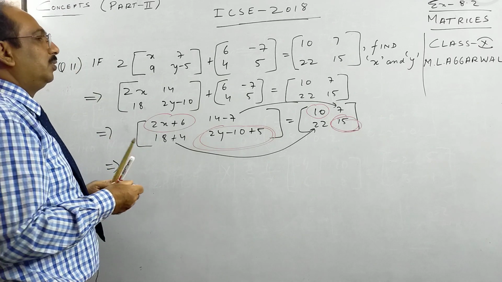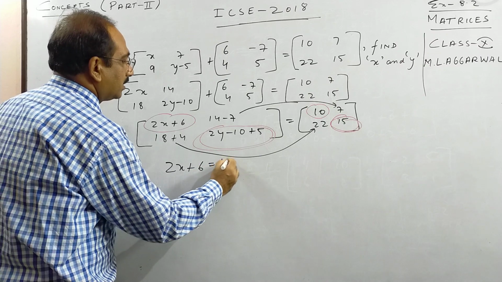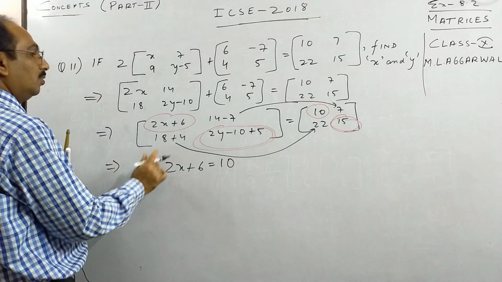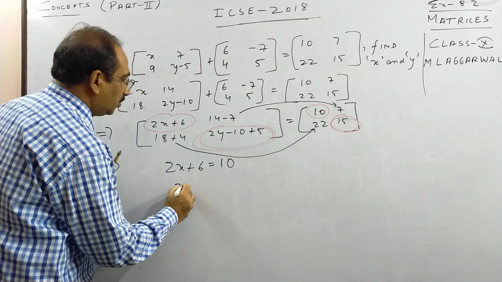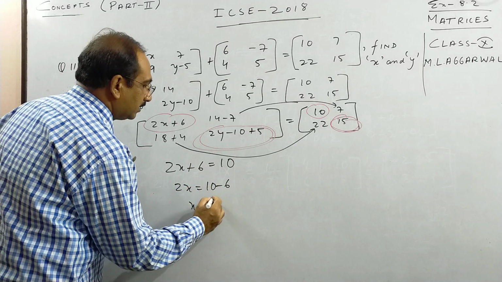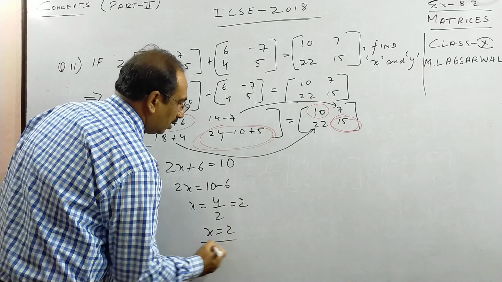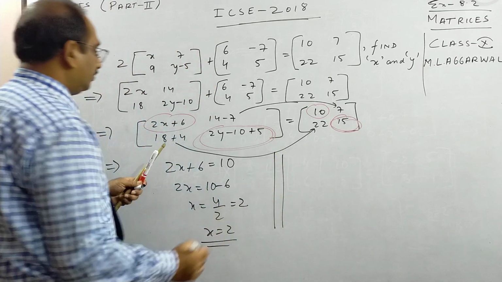So to get x, 2x plus 6 is 10. These two are corresponding elements. So 2x is 10 minus 6. This gives you 4 by 2. x is 2.